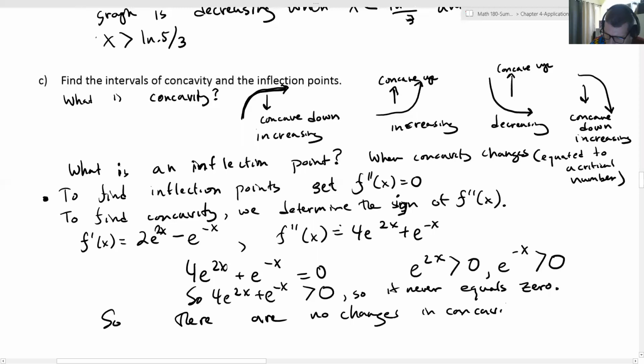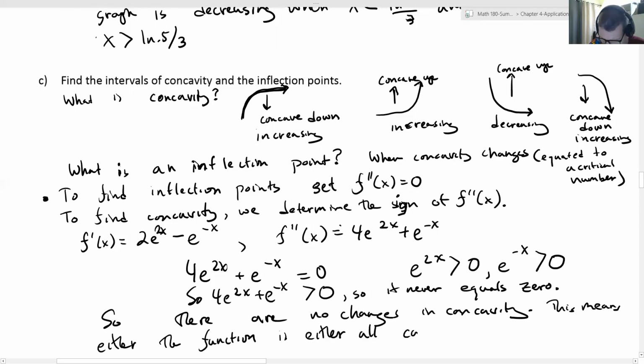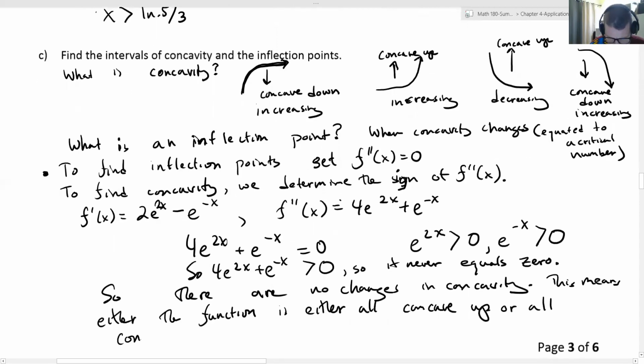So what that means for us is this means either the function is all concave up or all concave down. Which is it? Is it all concave up or all concave down?